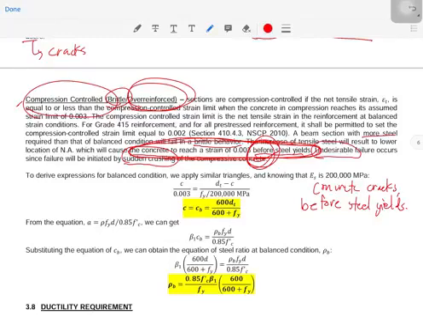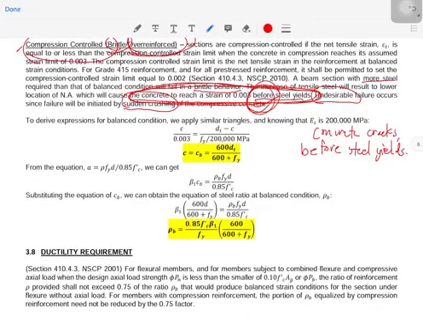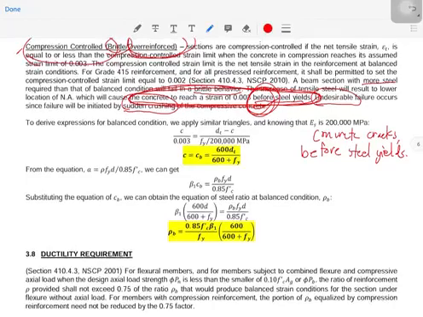Okay, so hopefully it's clear already if we try to design a particular section, specifically for beams. Okay, so now, to derive expressions for balance condition, we apply similar triangles, and knowing that E, or the modulus of elasticity of steel, is 200,000 MPa.